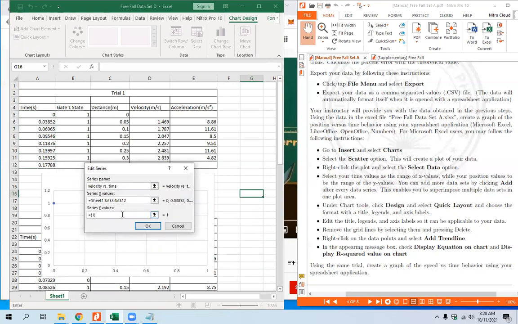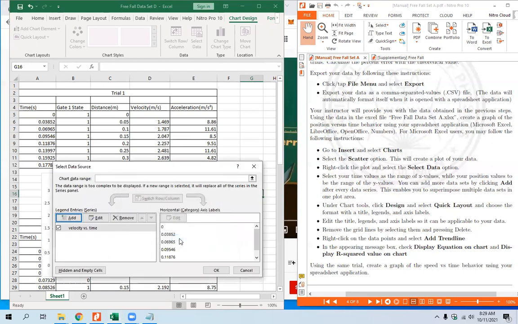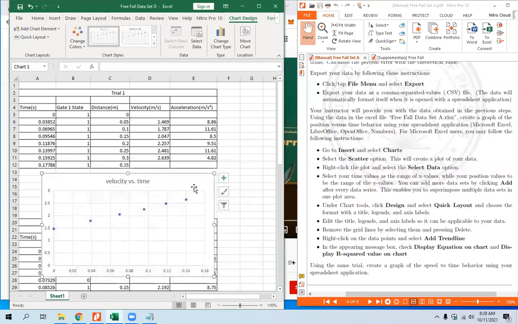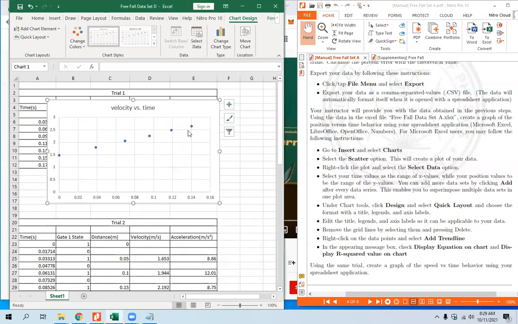Similarly, sa series Y values, normally kapag nag-Excel kayo, may data point na dyan. Tanggalin nyo yan kasi default lang yan. So, ayan siya. Okay ko lang to. And okay again. Look, I already have my data points plotted.